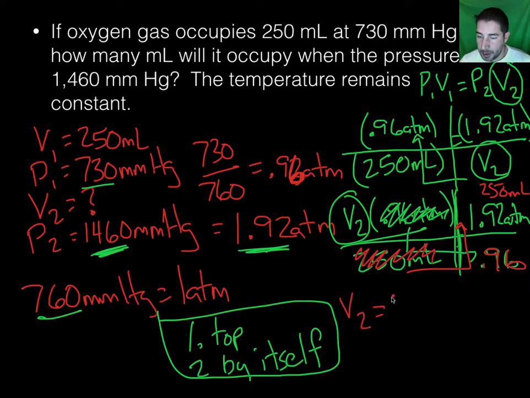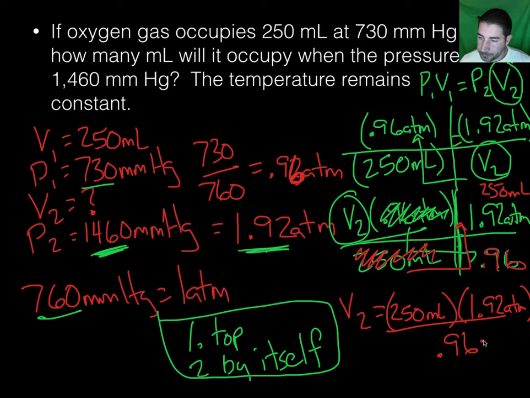V2 equals 250 milliliters times 1.92 ATM divided by 0.96 ATM.